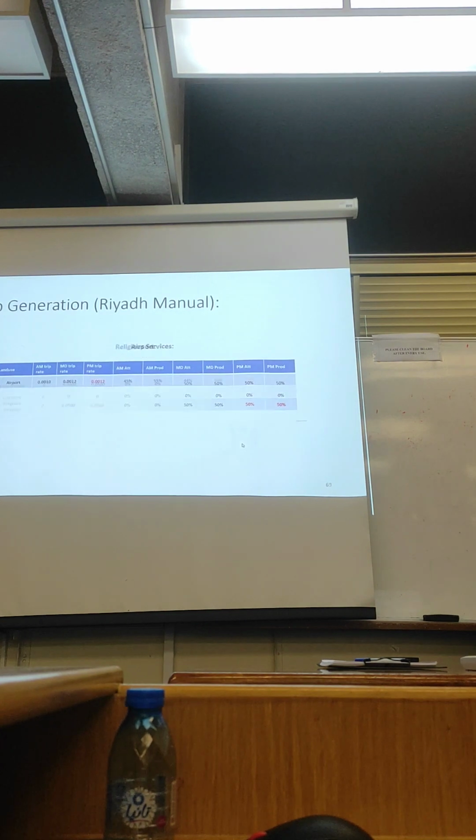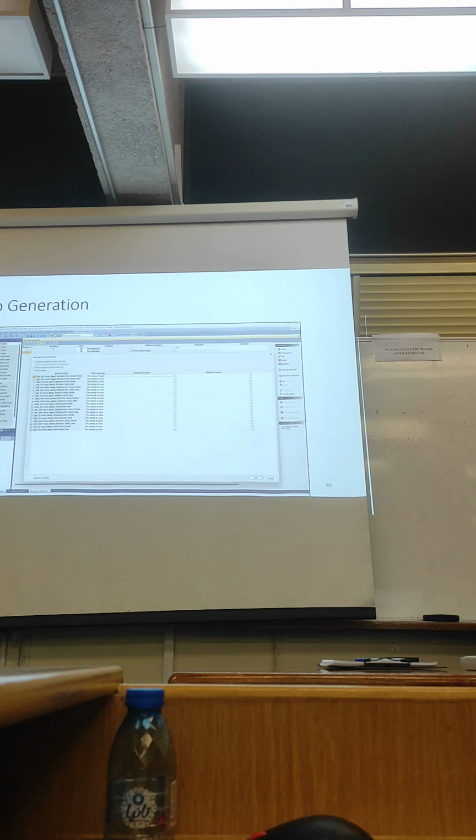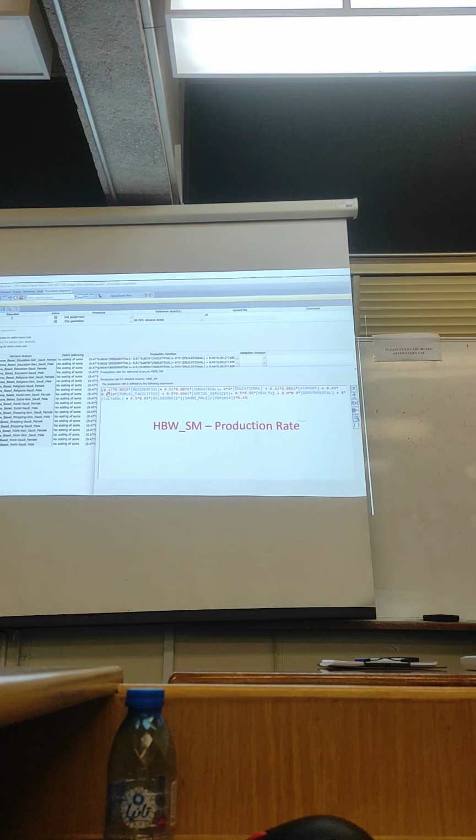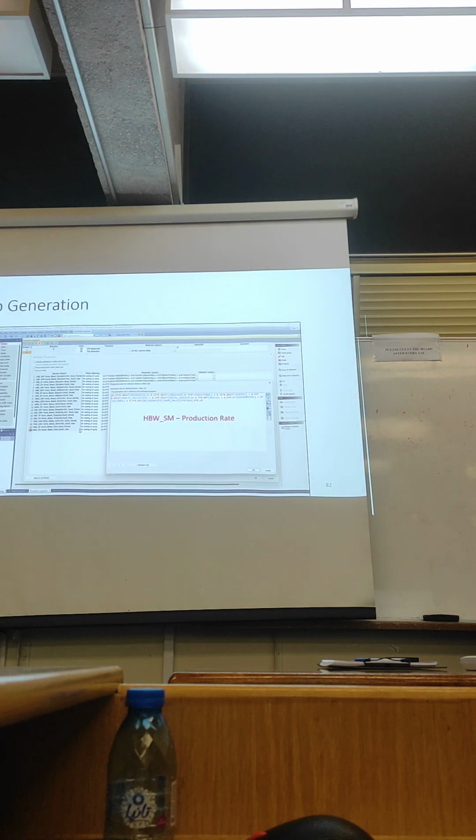So let's go back. You can see here, this is the production rate for residential. 47, which is the percentage. And this is 0.0026, okay. And we cannot just copy the production equation and use it, because every group will have different numbers.